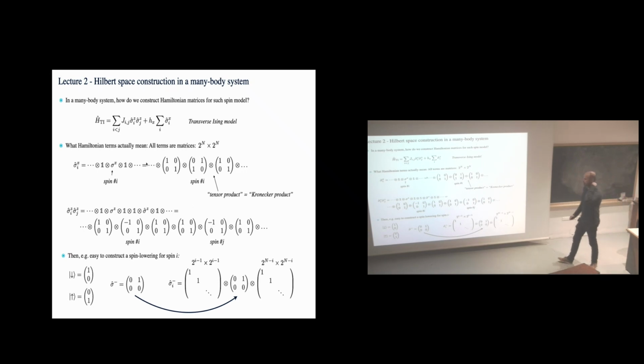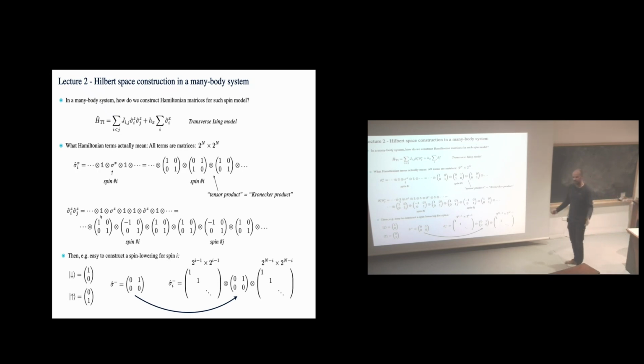Okay, so fundamentally, what I want to convince you of is that a very elegant way of constructing any type of Hamiltonian in your computer memory is by first constructing the spin lowering operator, sigma minus. This is the simple operator here. If you act with this on the spin up, it takes you to the spin down.